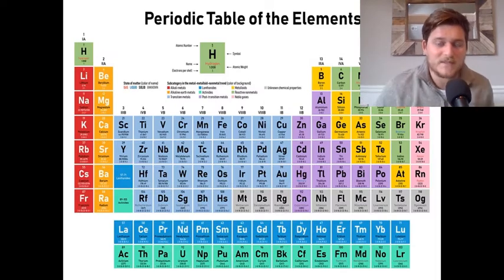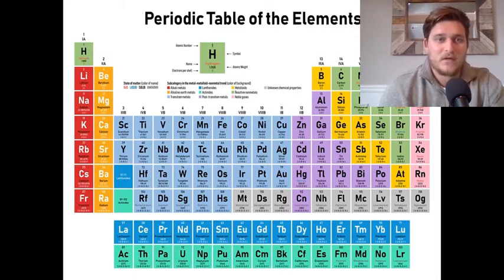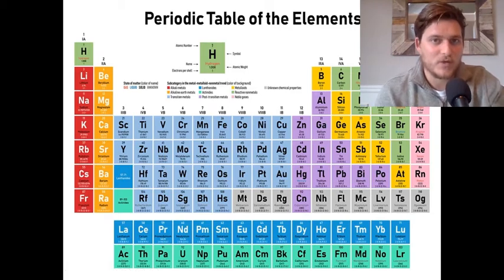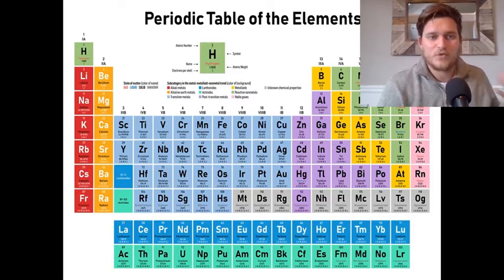Going back to the periodic table, we are going to see that certain elements are going to be more attracted to electrons, a little bit more greedy when it comes to holding on to electrons.